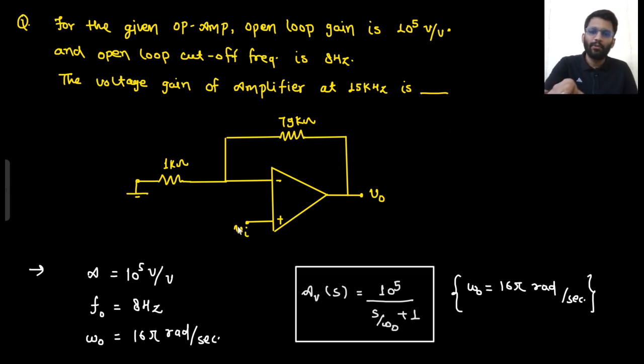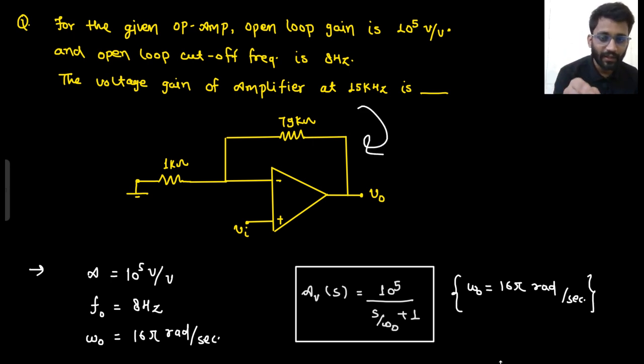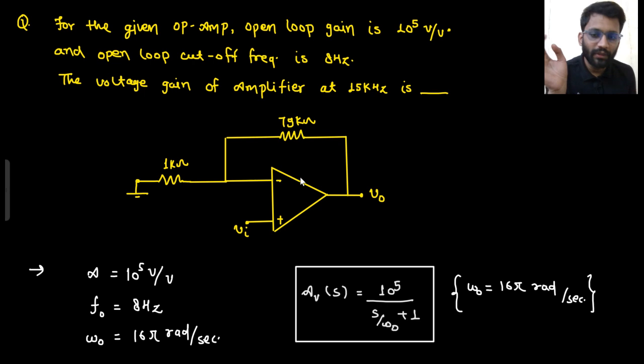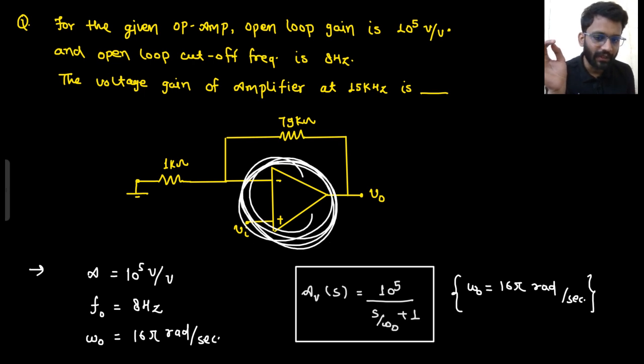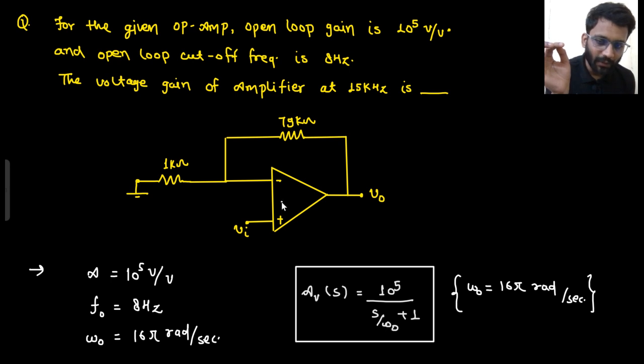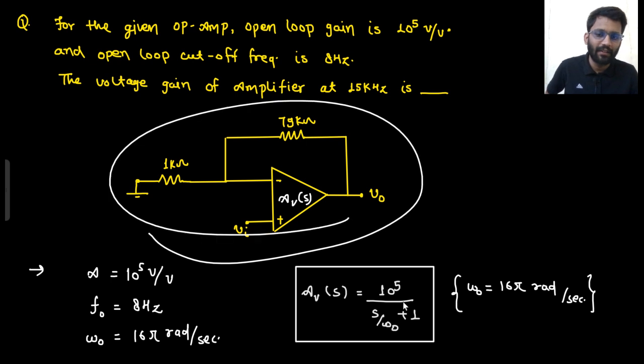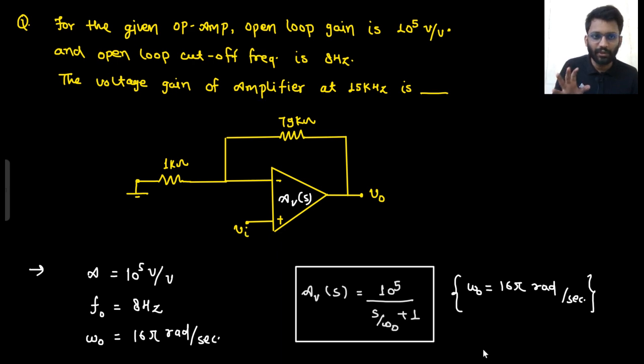Now you connect a closed loop configuration, and they are asking you the voltage gain of this particular amplifier at 15 kilohertz. All this information is for this one. Here you can write the response is AVS. But what will be your V naught S by V in S? Can you tell me directly? What kind of amplifier is that? Voltage amplifier. For a voltage amplifier, what is the gain? A upon 1 plus A beta. Right? This much you should remember.